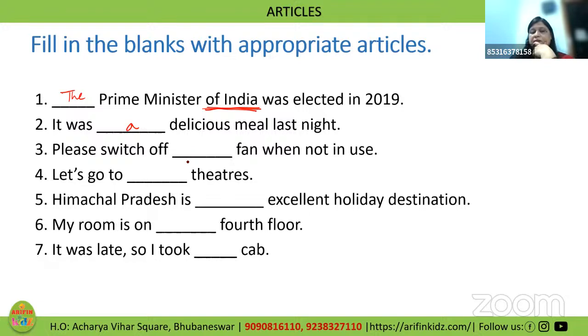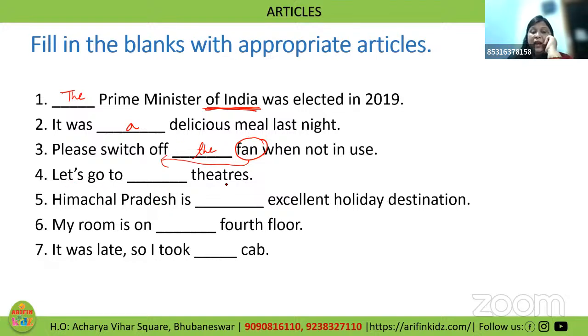Yes, it is the fan, because we are talking of a particular fan, which you normally keep moving. You do not switch it off. There is the electricity bill. You just switch it off.